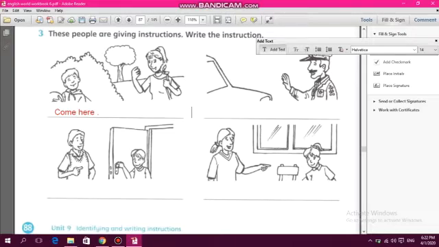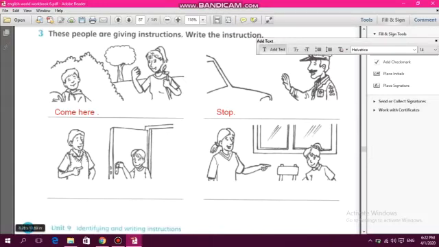On the second picture, we have a policeman, and the policeman is making a sign in his hand for the car. So, what is he saying for the car? What is this sign? Of course, he's saying stop. And you should put a full stop. Here in the third picture, here is a man and here is a boy. And the man is saying something to the boy. And he is holding here something in his hand, and here is the door.